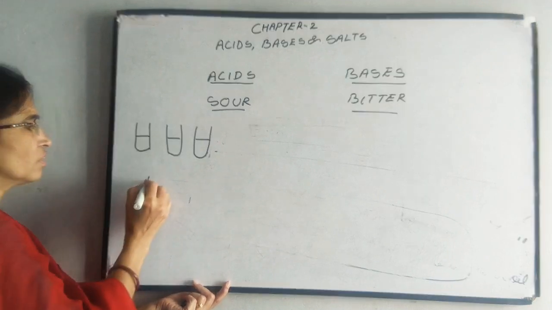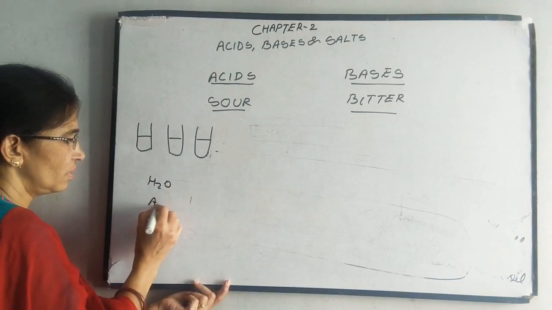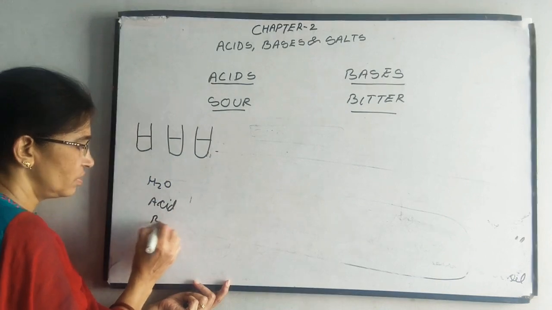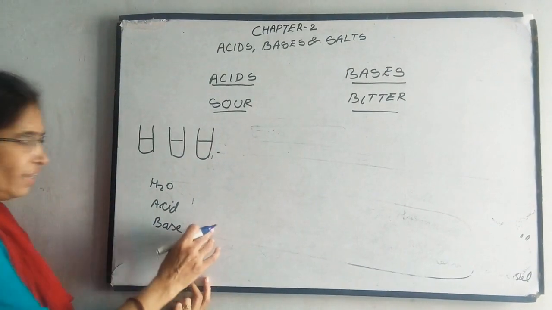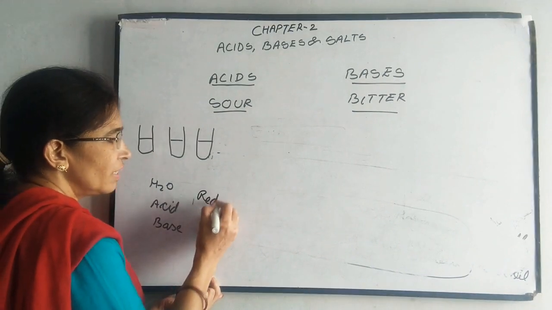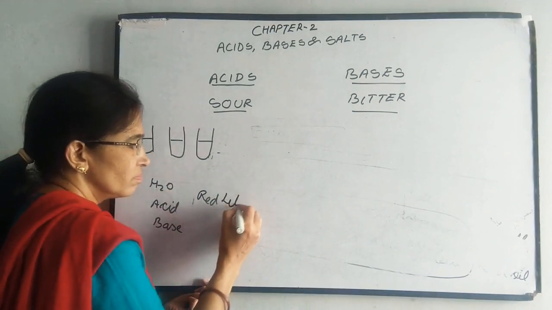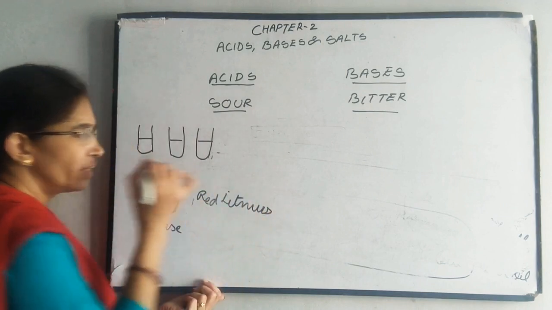One contains water, another contains acid, and one has base in it. But we don't know which is which. And you are given only red litmus solution. How can you find it out?